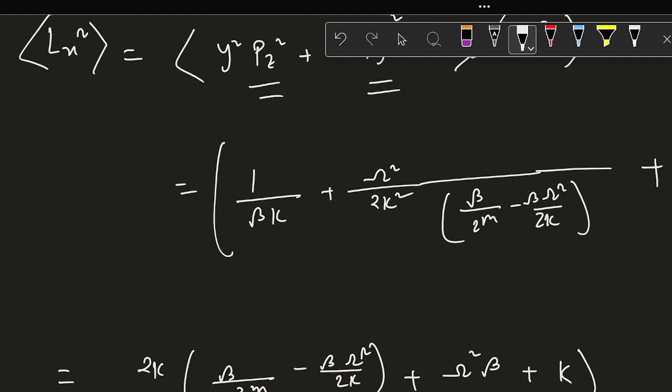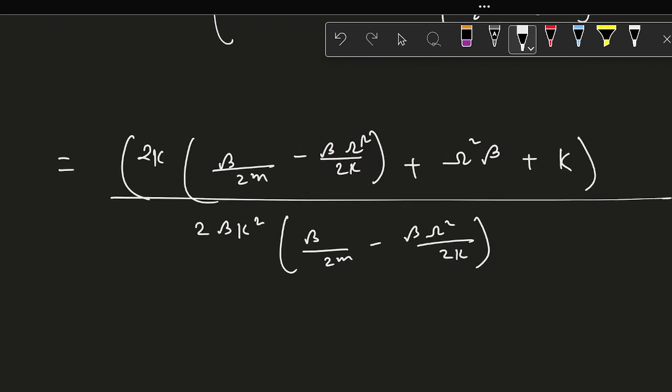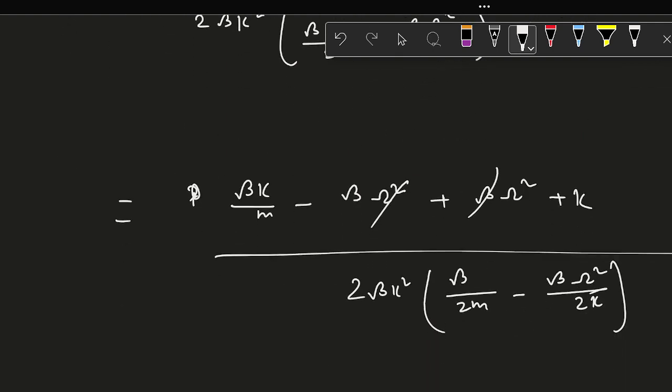If you simplify, it is beta k by m minus beta omega squared, 2k by 2k cancels out, plus beta omega squared plus k, this and this cancel out, and you have 2 beta k squared times beta by twice m minus beta omega squared by twice k.